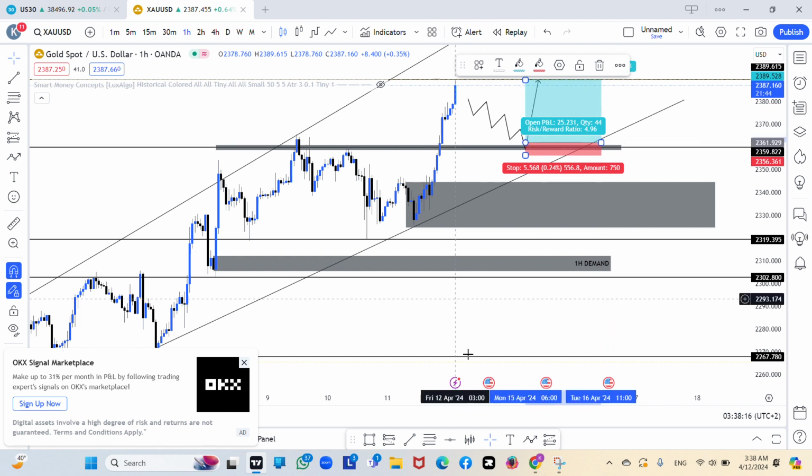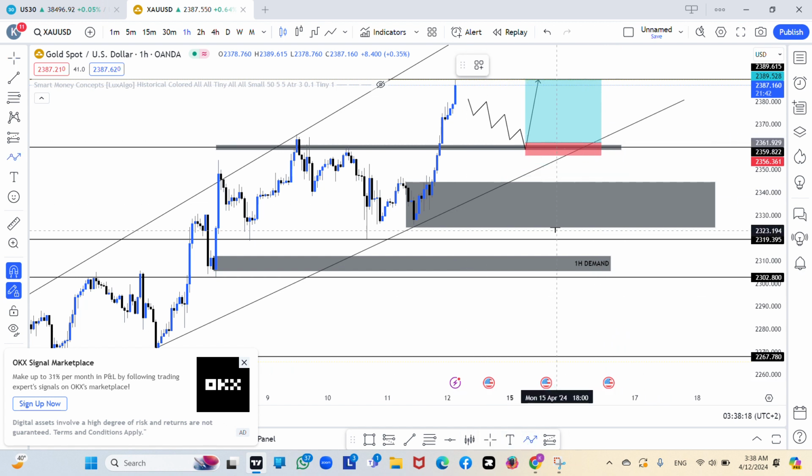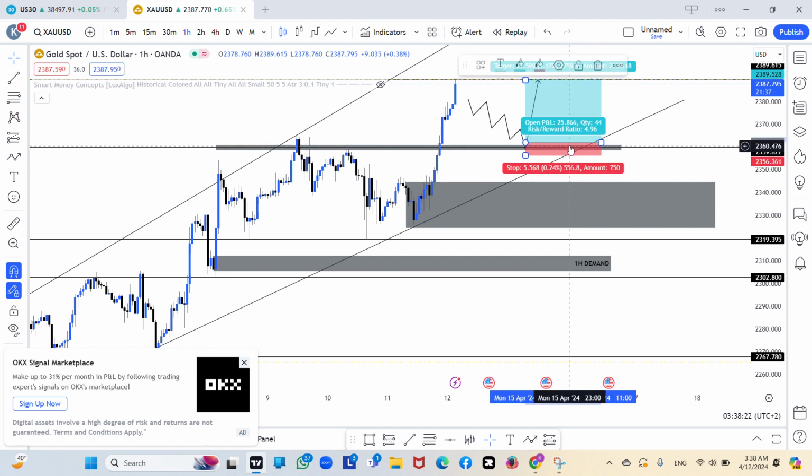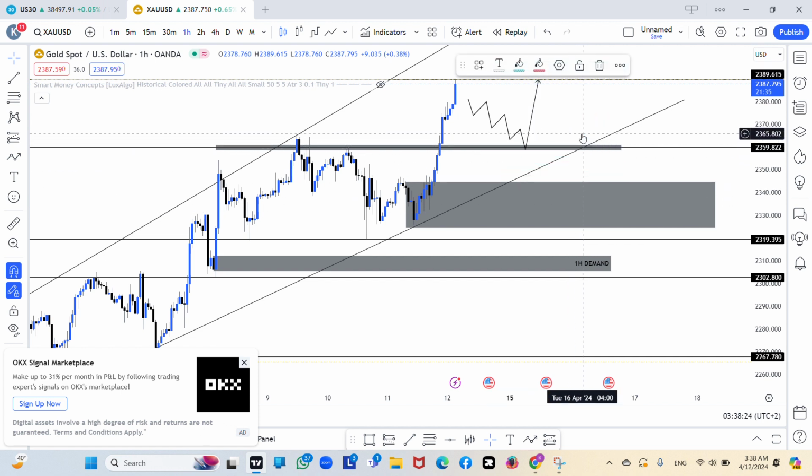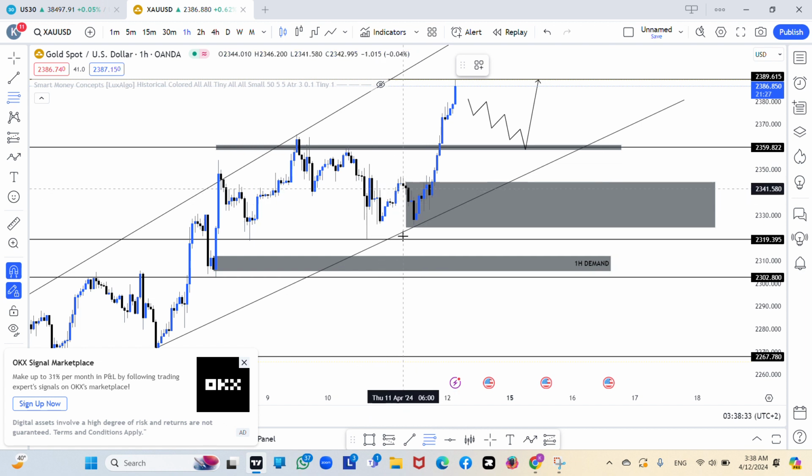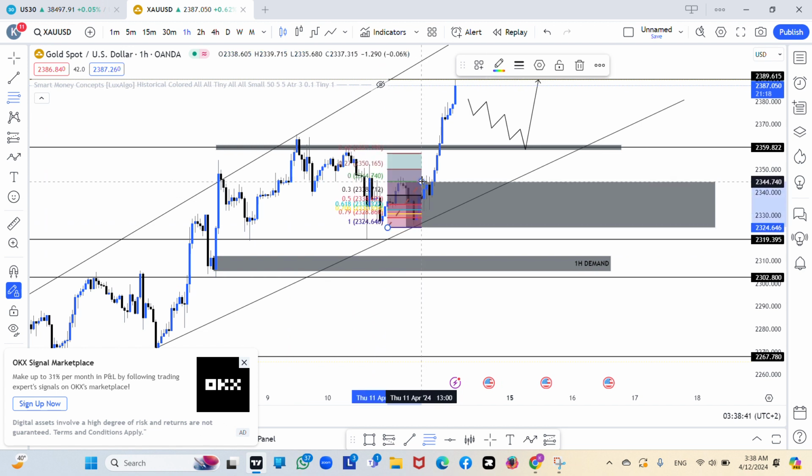trade. But if it happens that prices do break that support, there's no worries, we have that 4 hour demand. But one thing that I would like to do in that 4 hour demand, is a big demand, so I would like to place my Fibonacci right there.